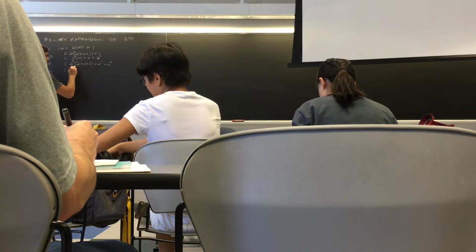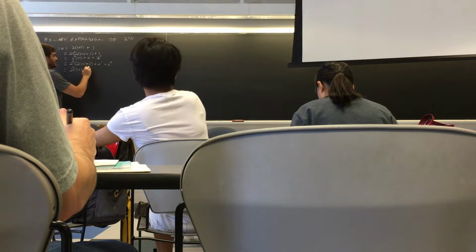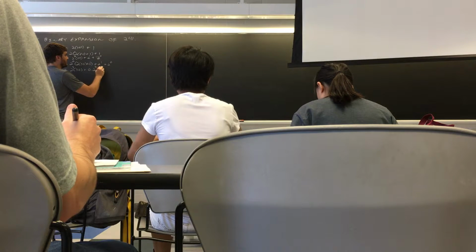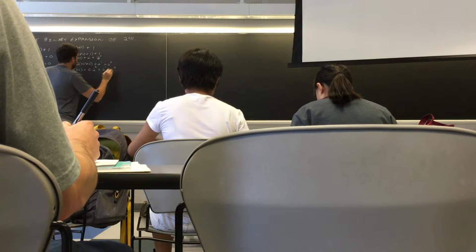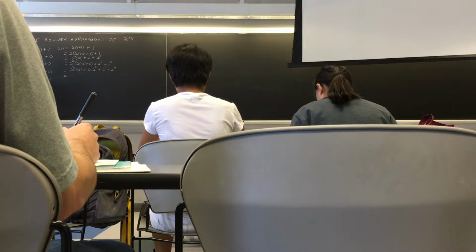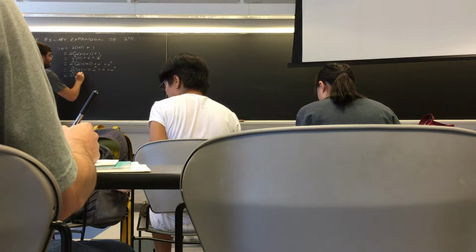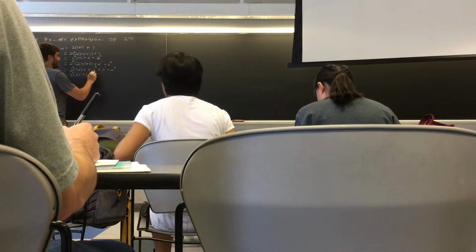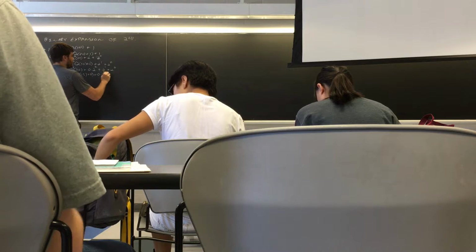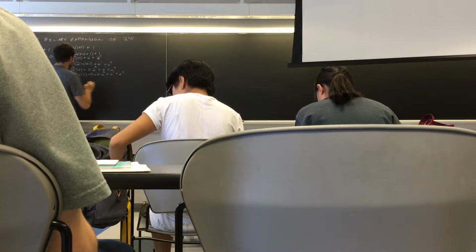So that's 2 cubed times 30 plus 0 times 2 squared plus 2 to the 1 plus 2 to the 0. All right, 30 is 2 times 15. So that's 2 cubed times 2 times 15 plus 0 plus 0 times 2 squared plus 2 to the 1 plus 2 to the 0.